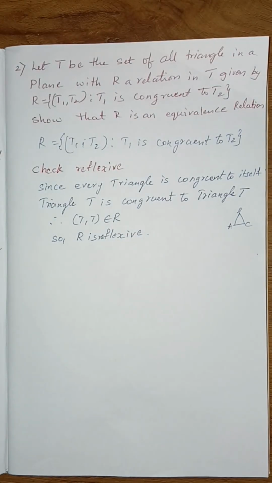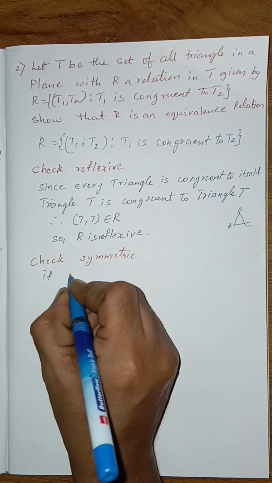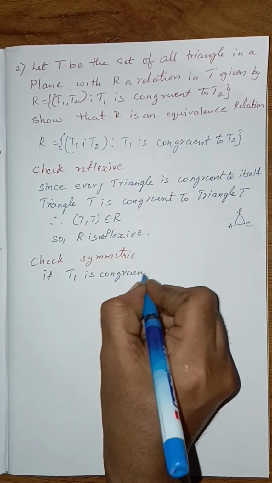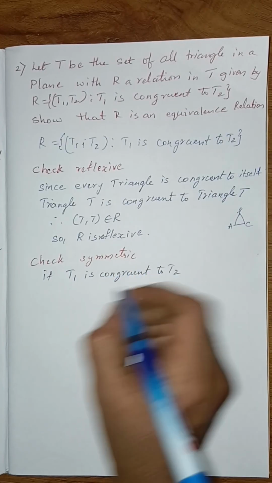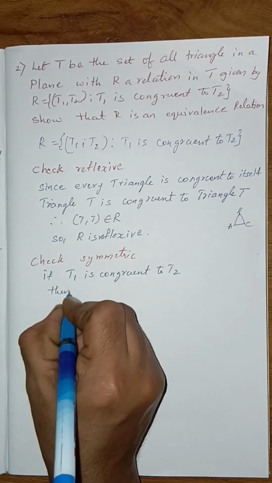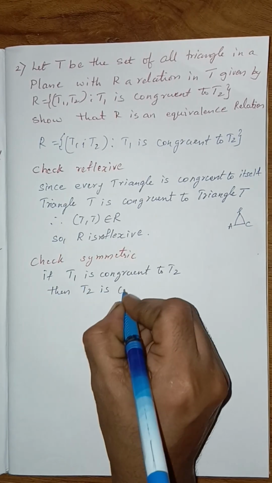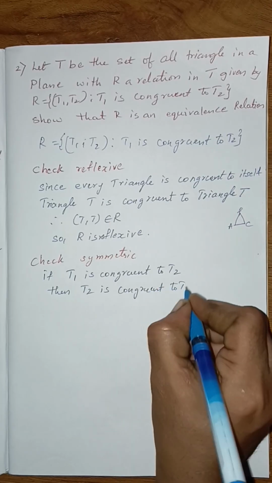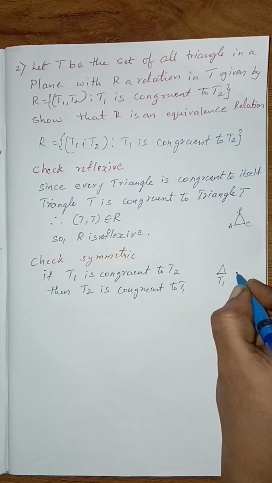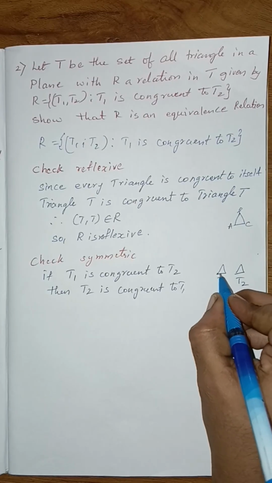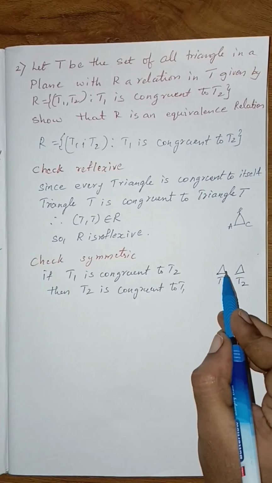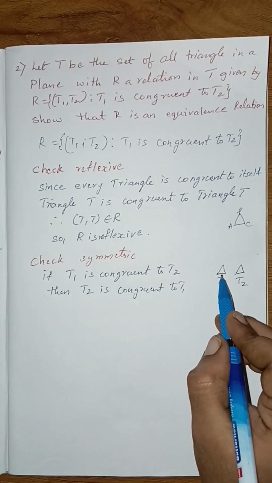Next we have to check for symmetric. Here, if triangle 1 is congruent to triangle 2, then triangle 2 is also congruent to triangle 1. So this is triangle 1 and this is triangle 2. If triangle 1 is congruent to triangle 2, then obviously triangle 2 will also be congruent to triangle 1.